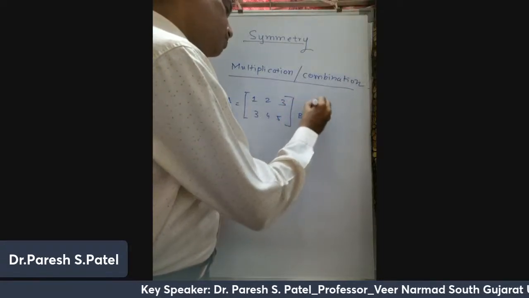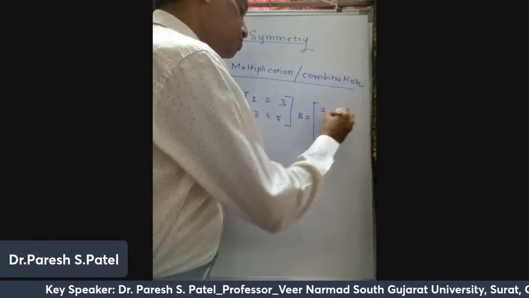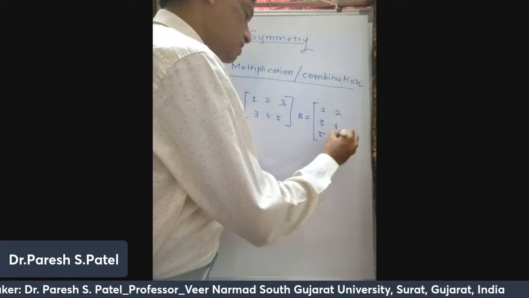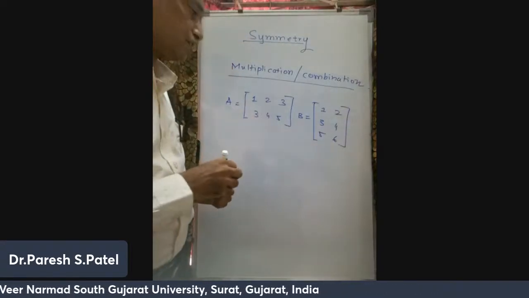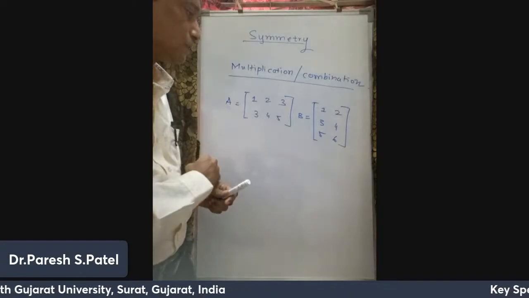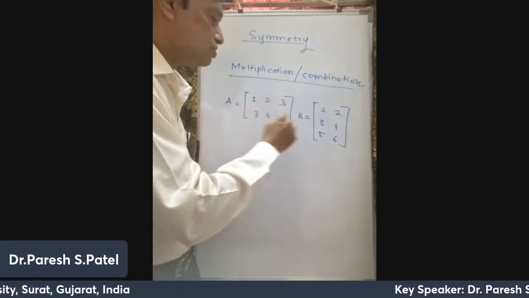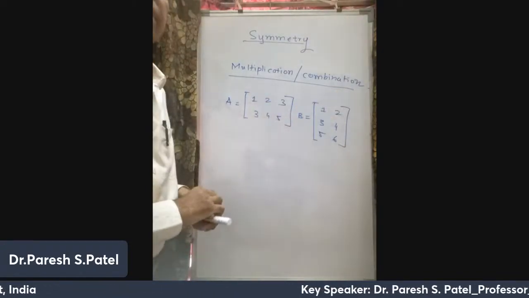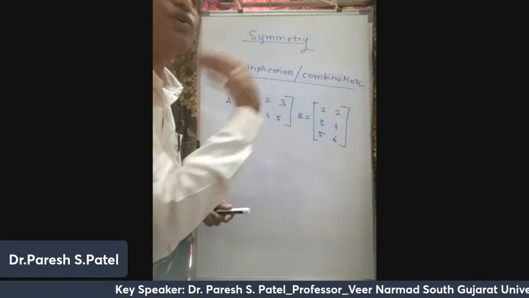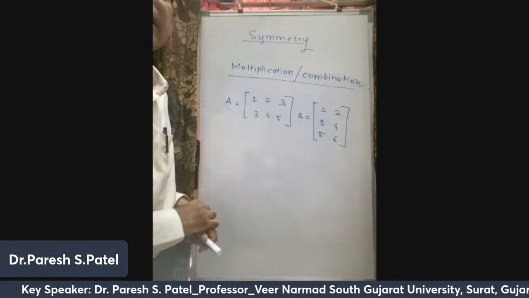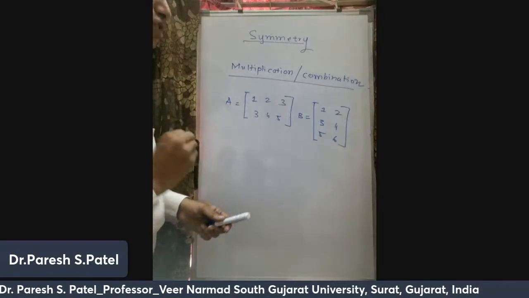B is equal to 1, 2, 3, 4, 5, 6. Now, combination or multiplication of any two matrices is possible if the number of the rows is equal to the number of the columns of the second matrix. Or we can say the number of the columns of the first matrix is equal to the number of the rows of the second matrix. Then and only then combination or multiplication is possible.